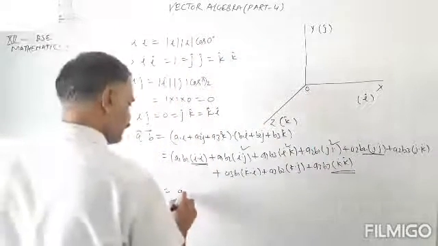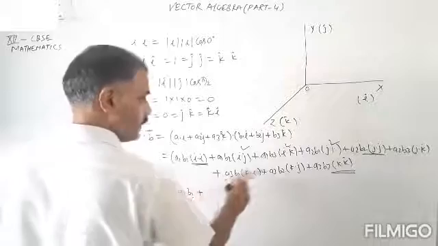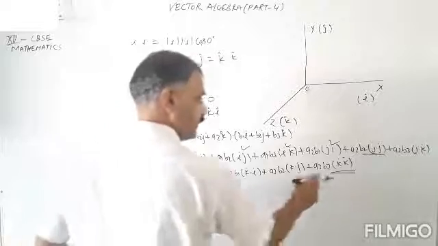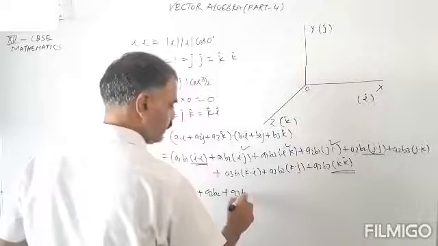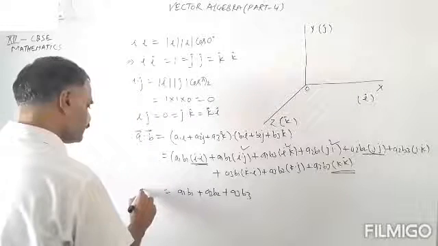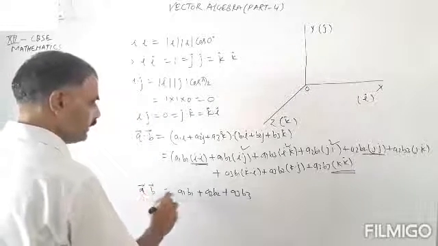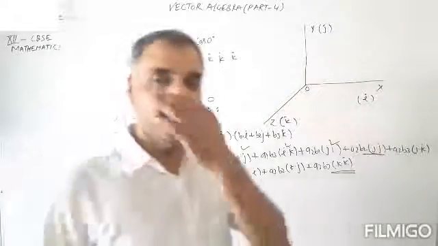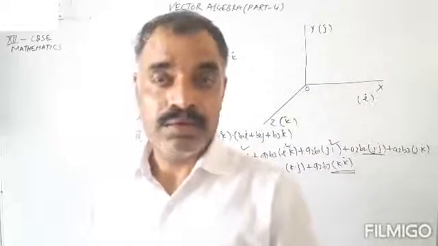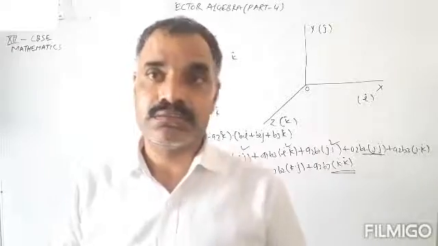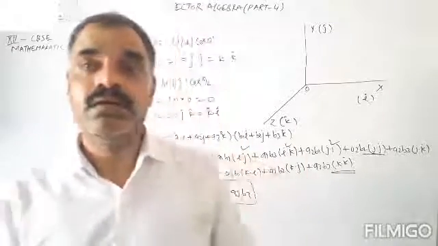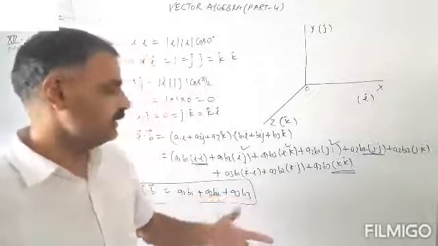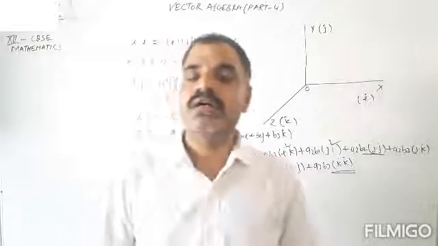So a1 b1 into 1 plus a2 b2 plus a3 b3. This means the corresponding components are multiplied: a1 b1 plus a2 b2 plus a3 b3, and this equals a vector dot b vector.